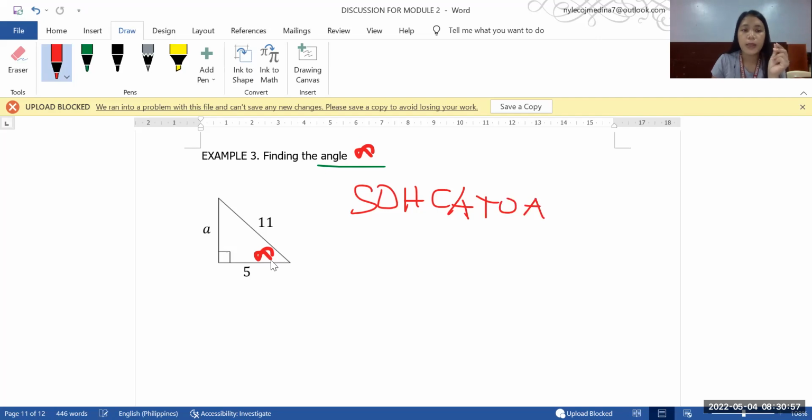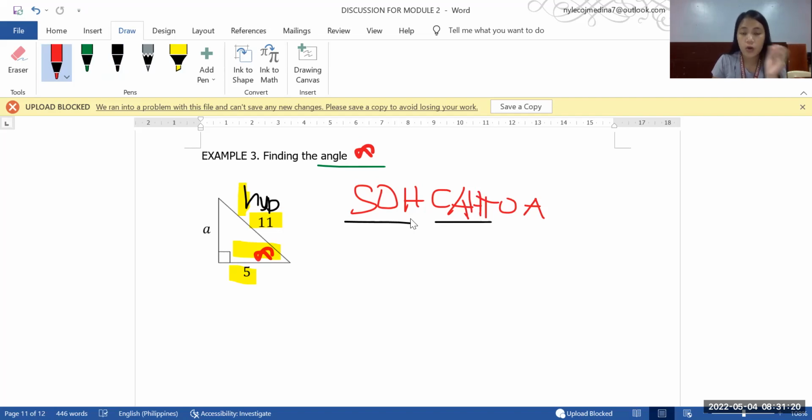Using this one, the angle and the sides 11 and 5. 11 is the hypotenuse, so we can use SOHCAHTOA.